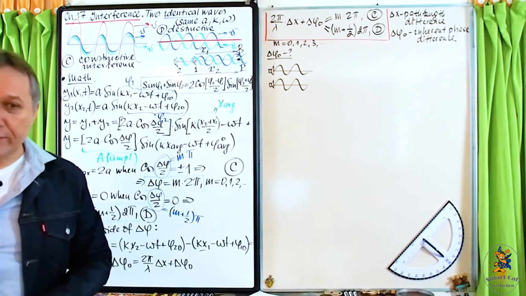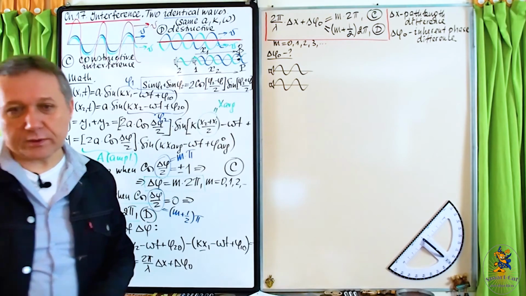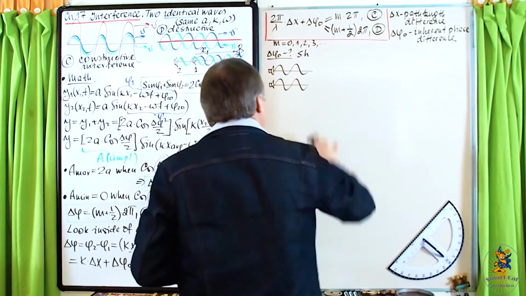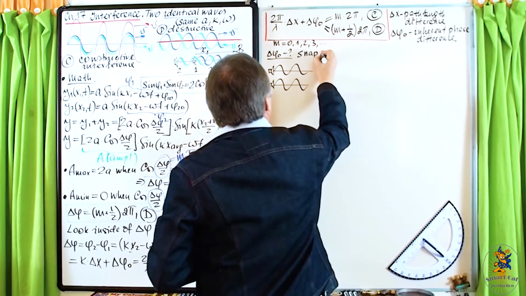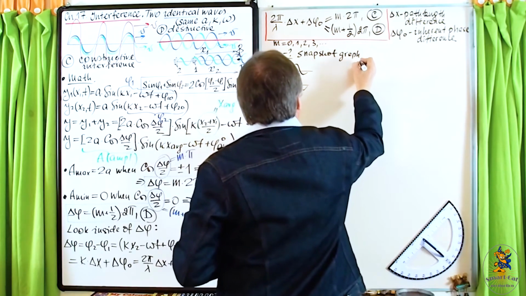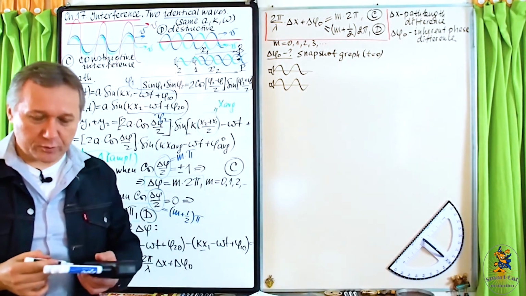Two sine waves. Basically, it's a snapshot graph at t equals 0. So it's a snapshot graph, and let's say at t equals 0. So this is the first situation.